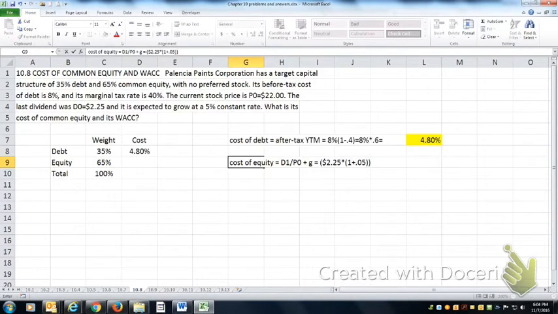So that'll be my D1, and then the K is what I'm actually trying to solve for. So there's my D1 over my P0, which is $22, plus the growth rate of 5%.